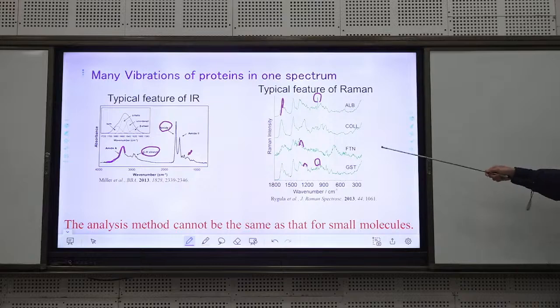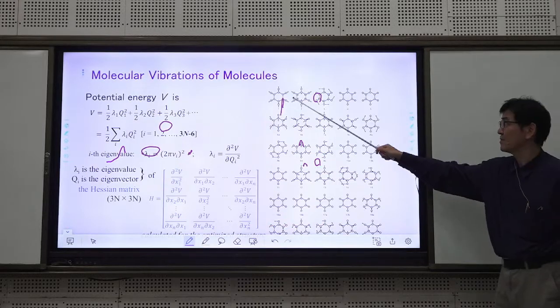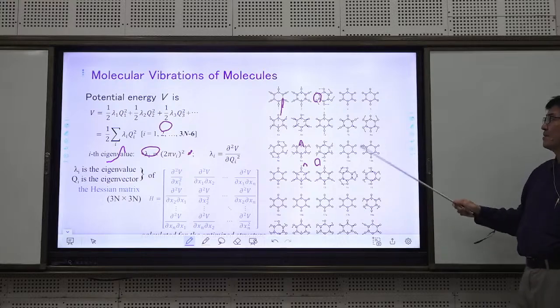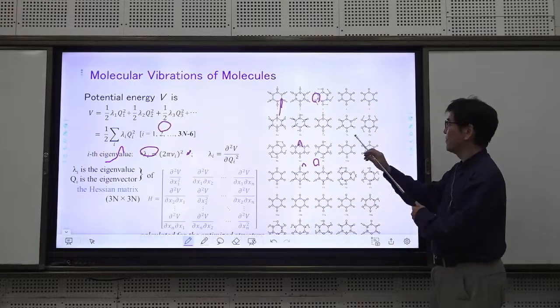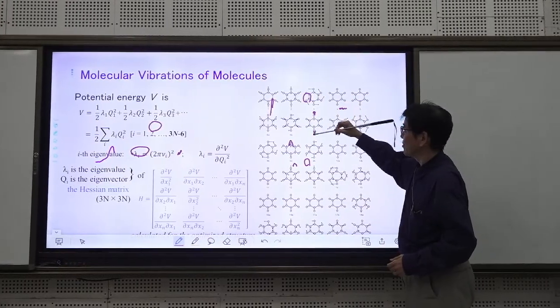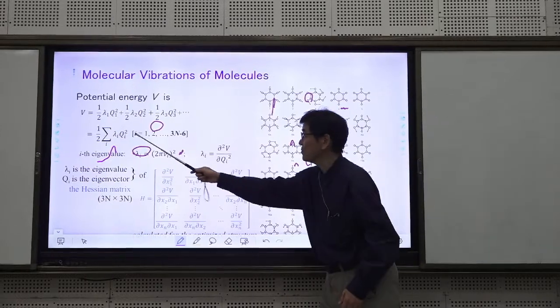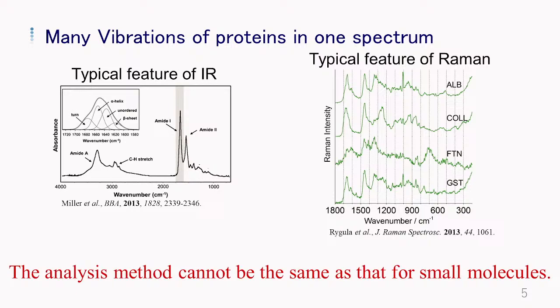But in the case of benzene, we could find the displacement of each atom for each coordinate Q. But in the case we measure the spectrum of proteins, it's hopeless.